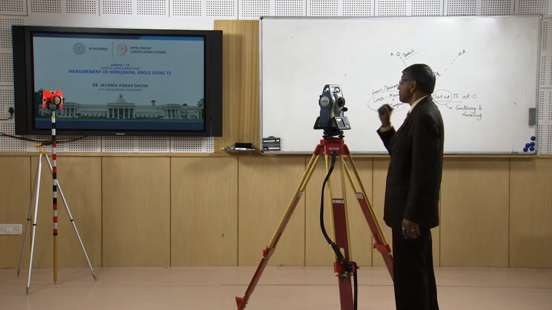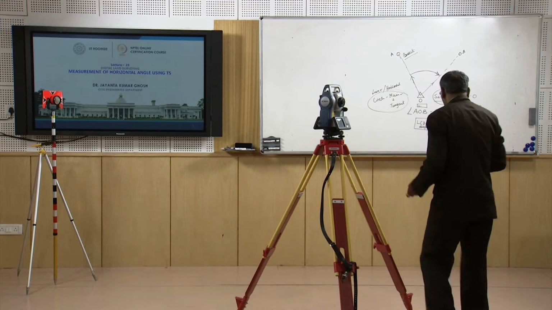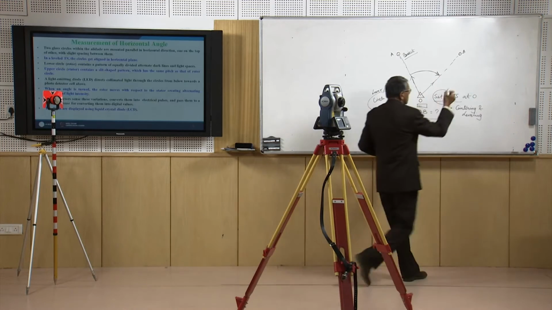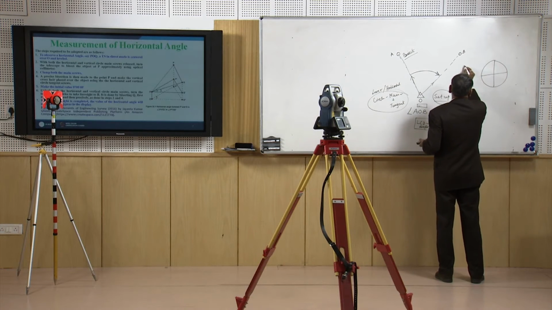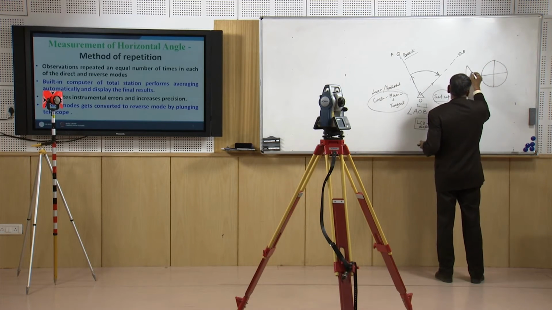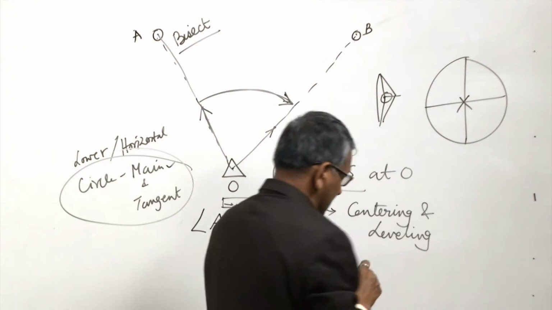Then using fine tangent screws I have brought the center of the reticle. So I have a reticle center like this, and the prism having some center like this. To this center I have bisected this center.